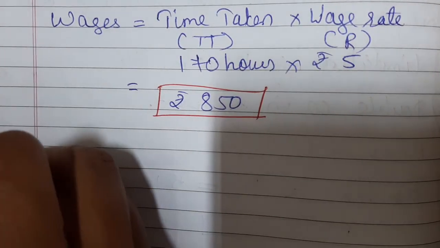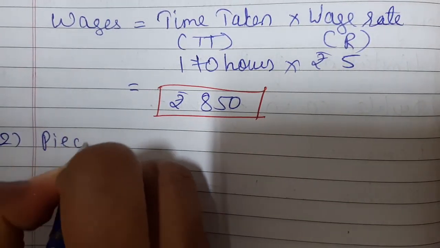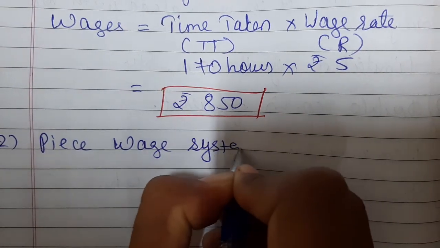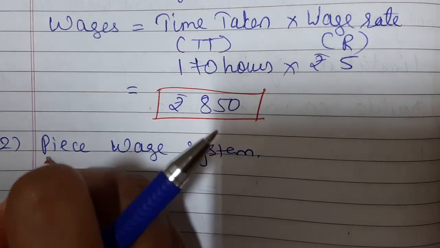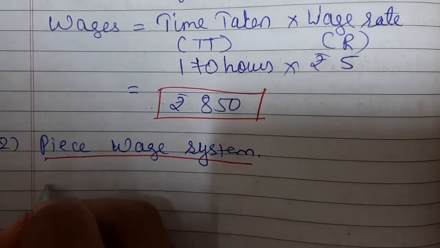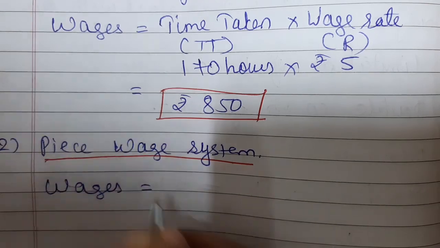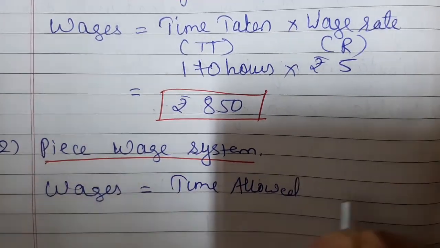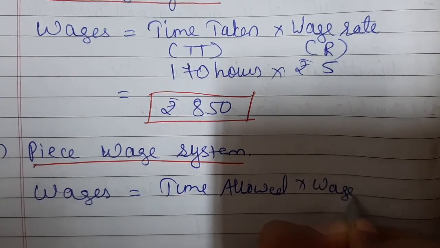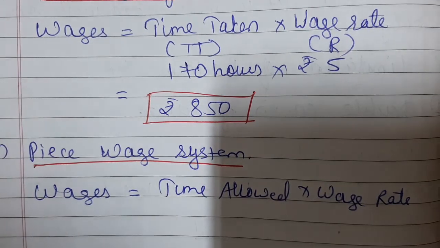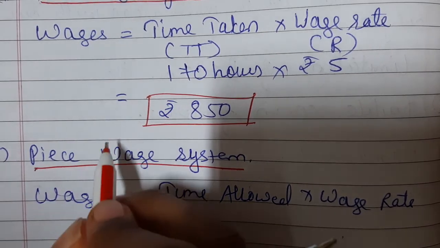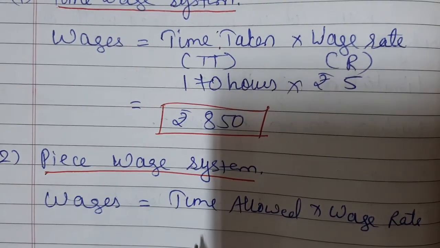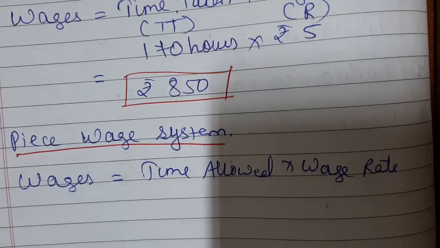Now second, as per piece wage system. For that, the formula will be wages equals time allowed into wage rate. Here it was time taken. In time wages it was time taken, in piece wages it is time allowed.